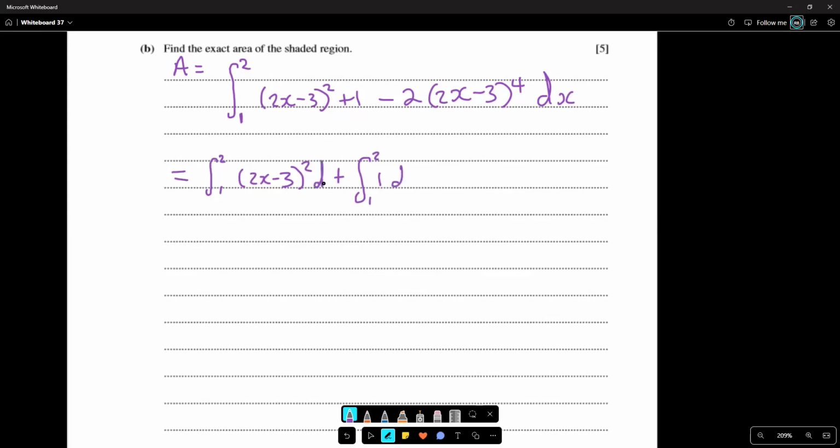Sorry, this one must have dx here, then dx, and then minus the integral of 2x minus 3 to the power 4 dx. All right. Then let's see what that gives us.